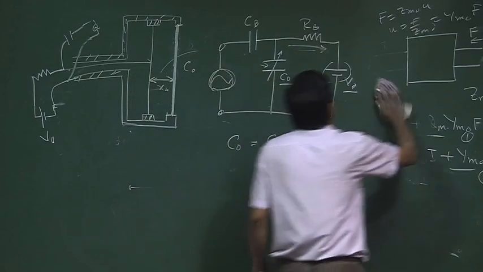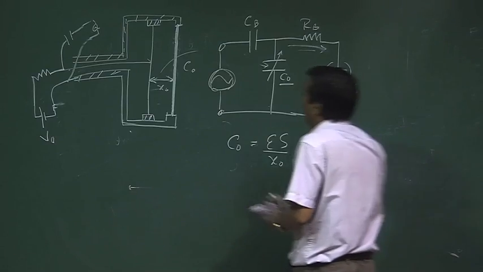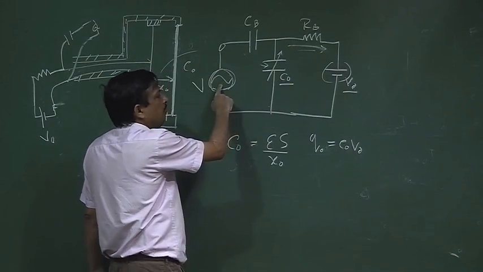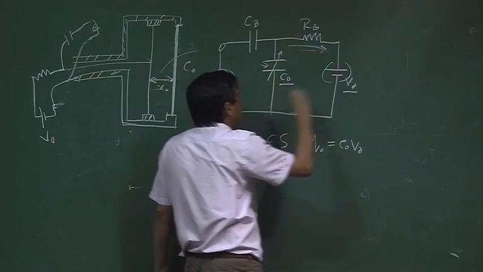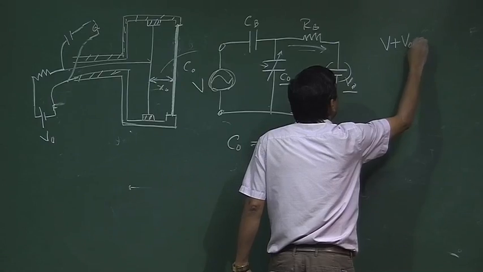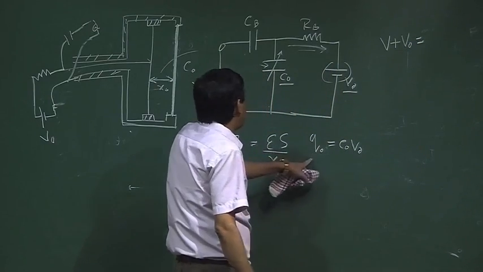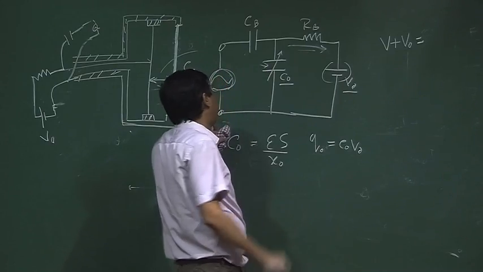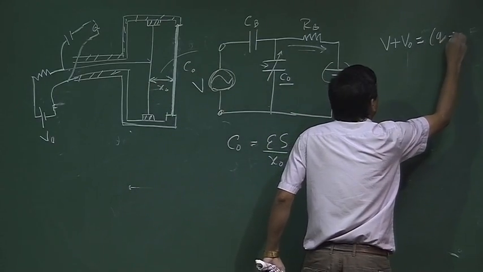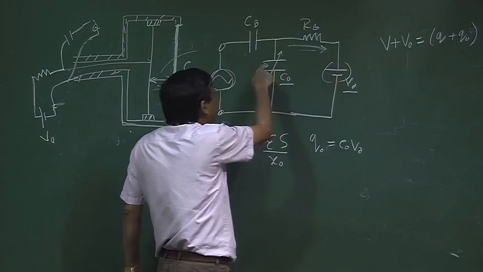Now, I apply a variable signal voltage V on this terminal. So, the total voltage is V plus V0. The charge will change from Q0 to Q plus Q0; Q amount of extra charge is induced here.